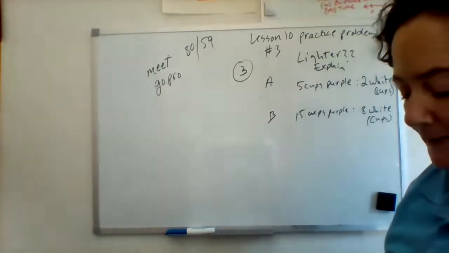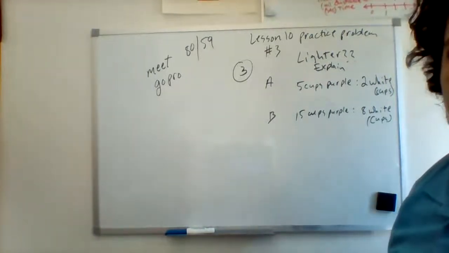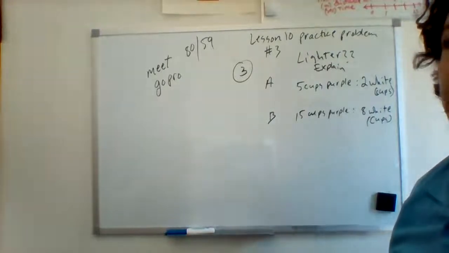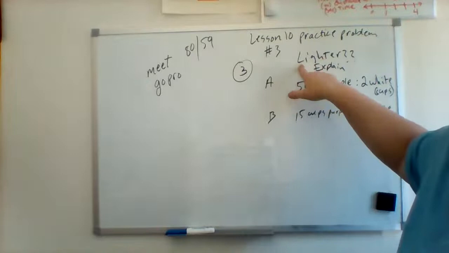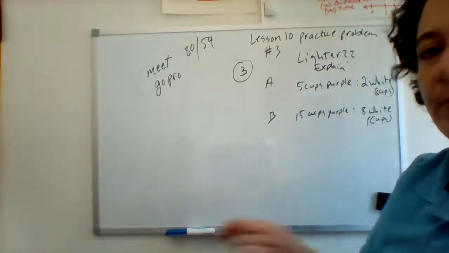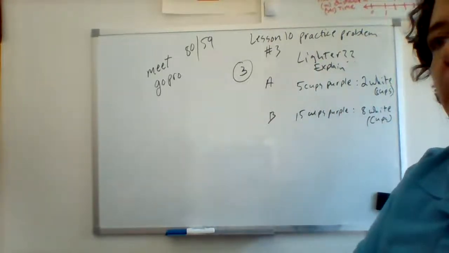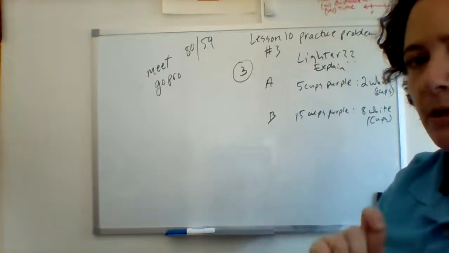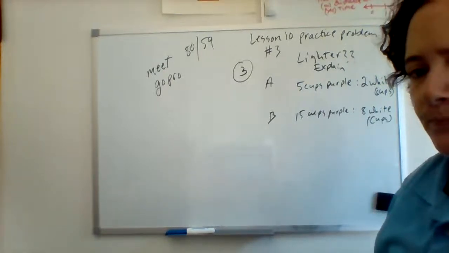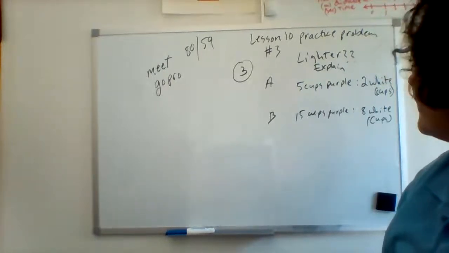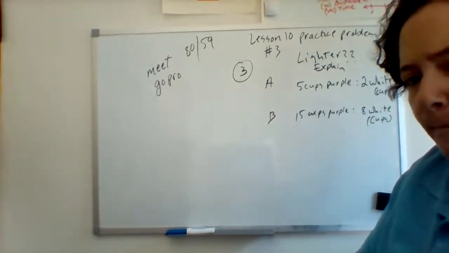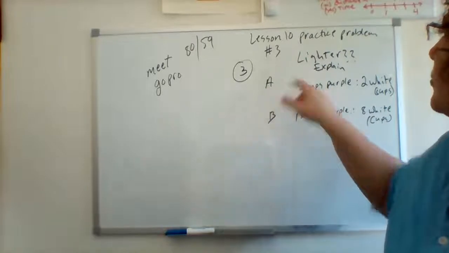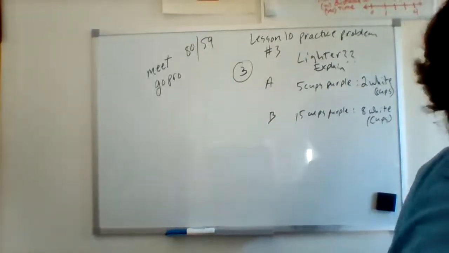Now before we start doing math for the problem, let's think about this for a second. If one of the mixtures is going to be lighter than the other, tell me how we will know. The lighter one is going to have more white.